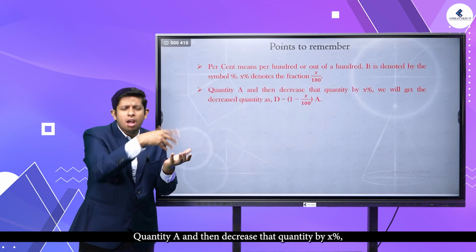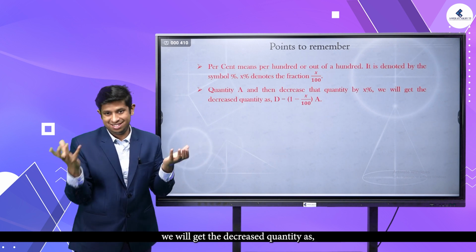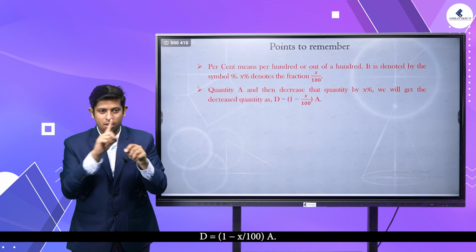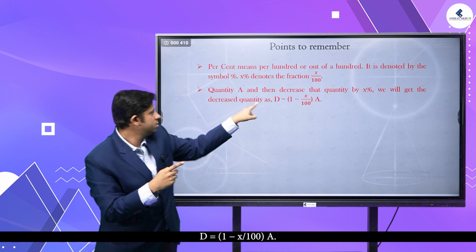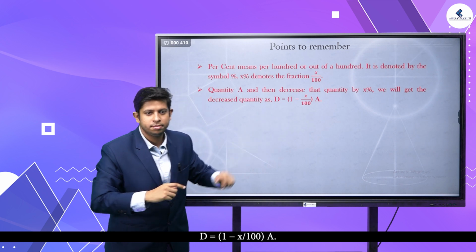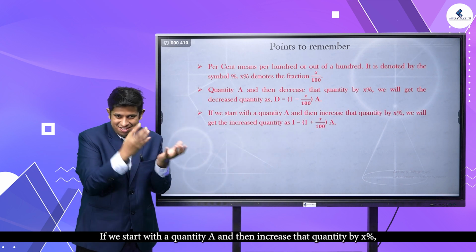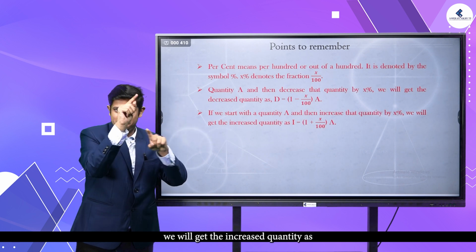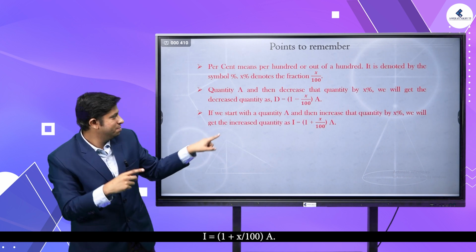If we start with quantity a and then decrease that quantity by x percent, we will get the decreased quantity as d is equal to 1 minus x by 100 of a. If we start with the quantity a and then increase the quantity by x%, we'll get the increased quantity as I is equal to 1 plus x by 100 of a.